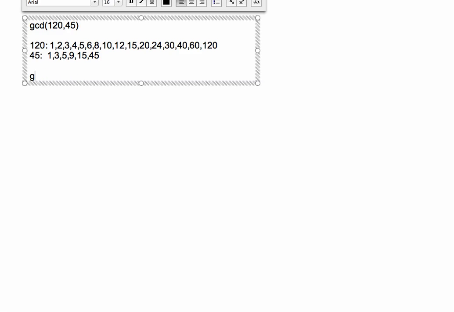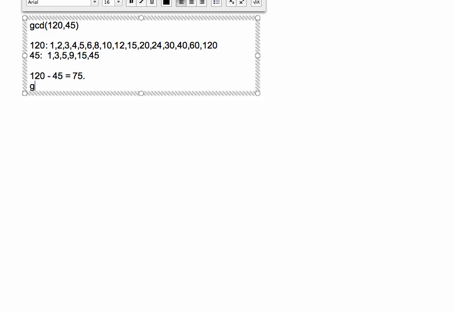What's 120 minus 45? Well, 120 minus 45 is 75, right? Okay. What is the GCD of 75 and 45? If you think about it, that actually is also 15.